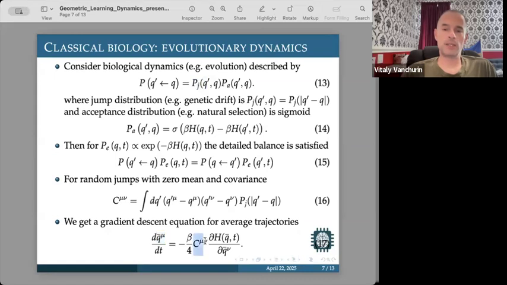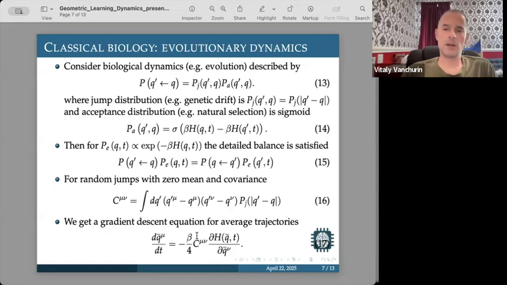Note that this C mu nu, which was a covariance matrix, plays the role of the inverse metric that we had in the gradient descent. So it shows that this type of evolution, you can call it neuroevolution, you can call it Metropolis evolution, or I just call it biological dynamics, is described by this gradient descent equation.